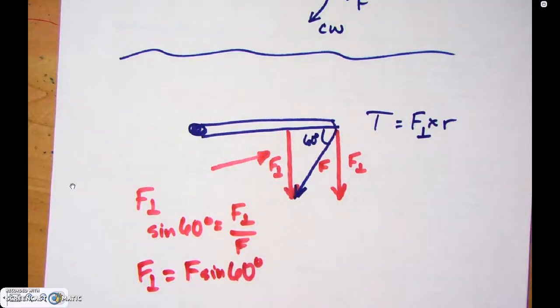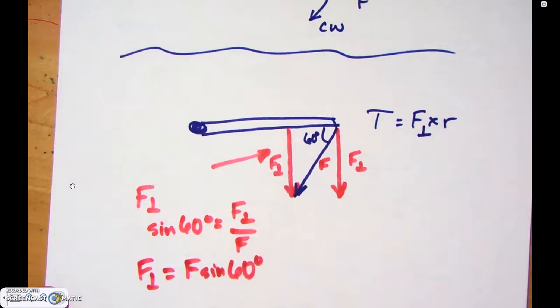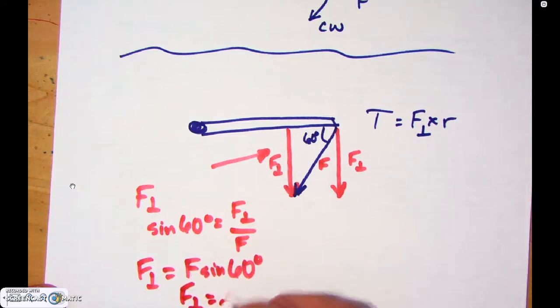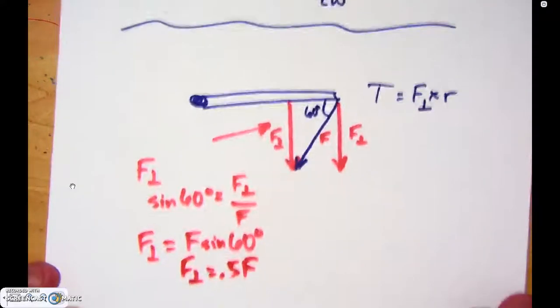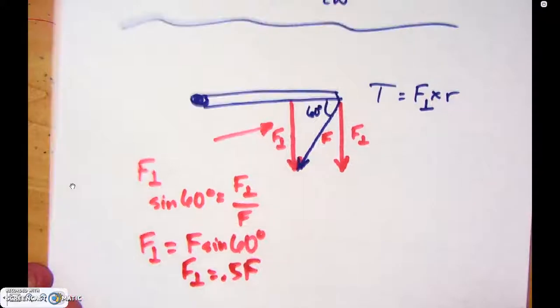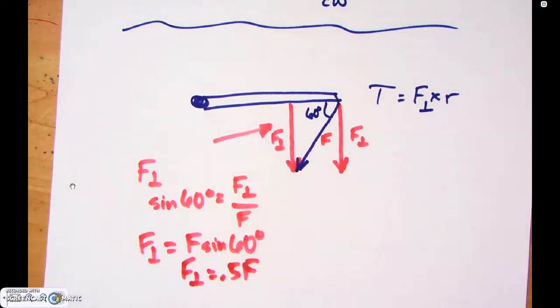Now the sine of 60 degrees is 1/2, so F perpendicular would be 0.5 F. Now in a real problem you may be given what F is, so it could be done that way.